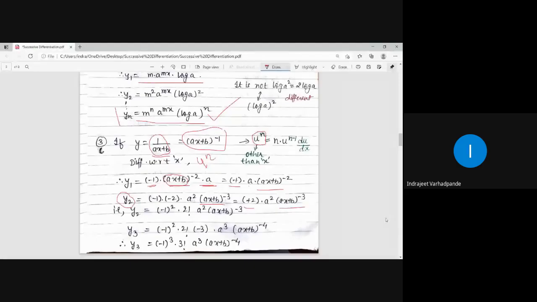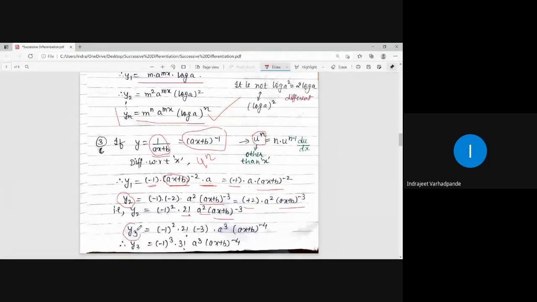Clear? So y2 is minus 1 square, because it became positive, into 2 factorial, 2 into 1 is 2 factorial, a square into ax plus b to the power minus 3. Clear up to this?